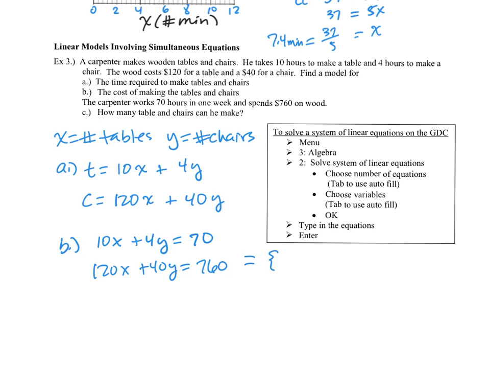The calculator puts the results in brackets, and you're going to get brackets that say 3, 10. So that represents an ordered pair where this is your x value and this is your y value. So that means that the carpenter made 3 tables and he made 10 chairs during that week.